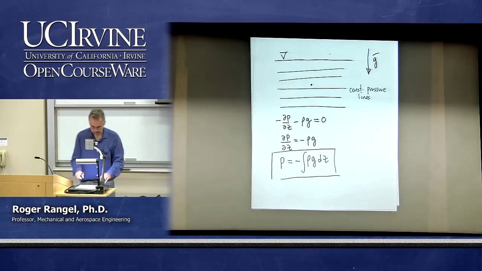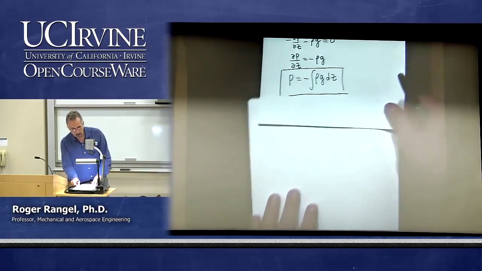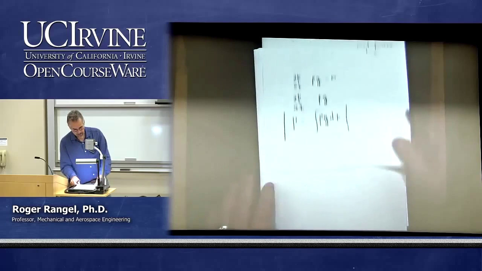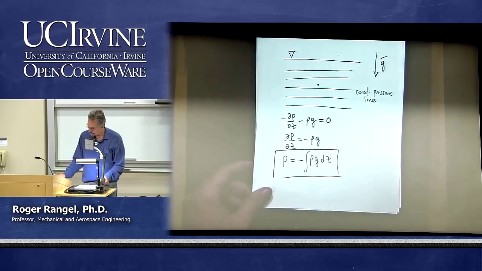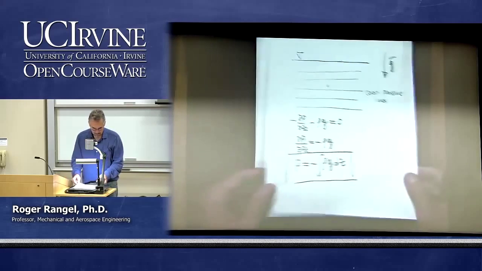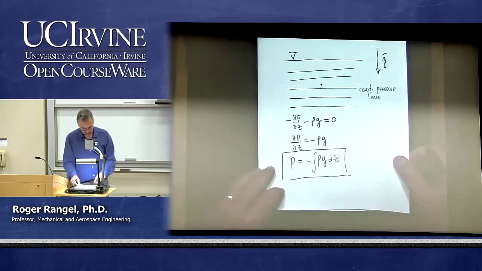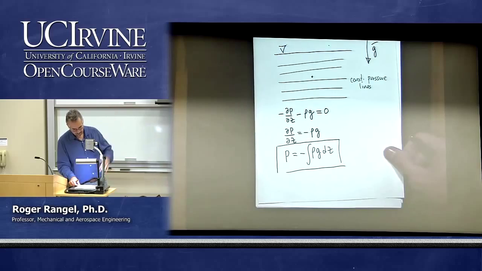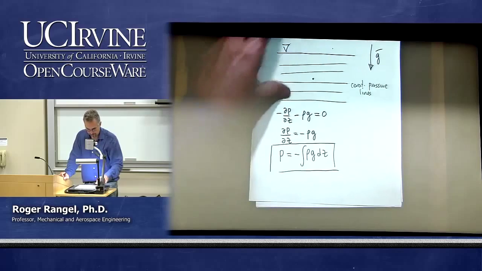Now, how can we solve this integral? It depends on additional assumptions that we make. For most of our problems, in fact, probably all of our problems, we can take gravity to be a constant. The only time you would not take the gravity to be a constant would be if you were solving a problem involving a very large scale, of the order of Earth size and so on, say, trying to make a calculation from the surface to the upper atmosphere.